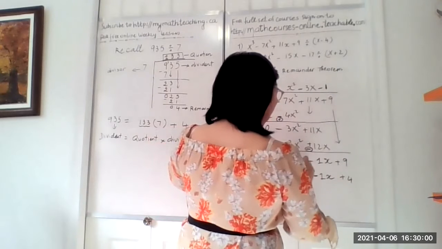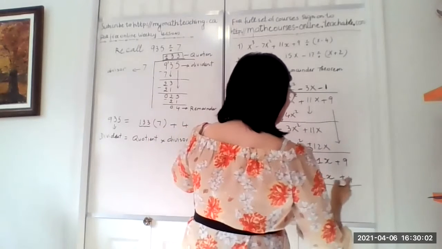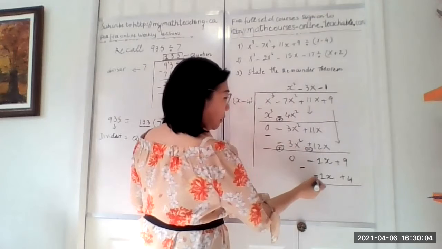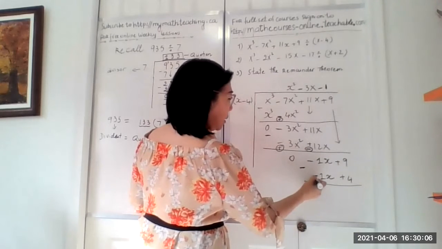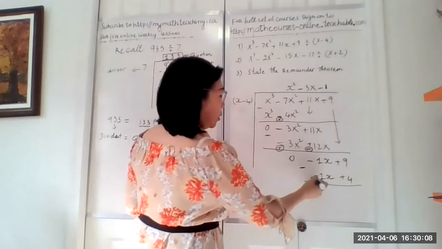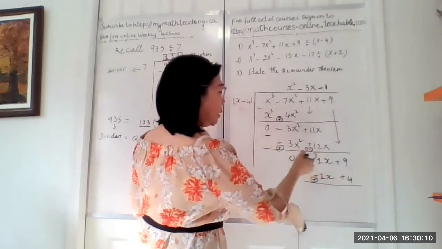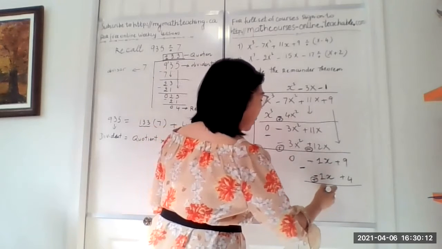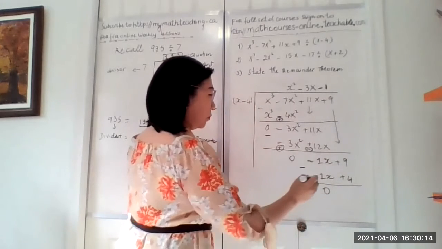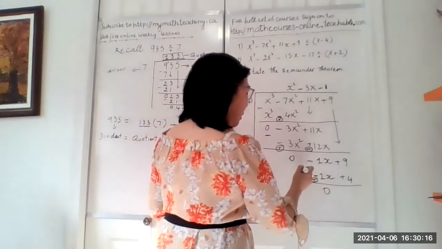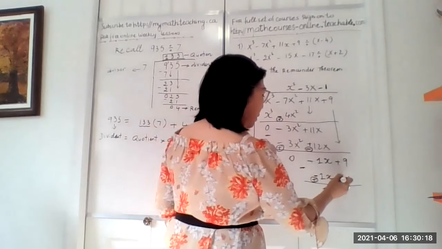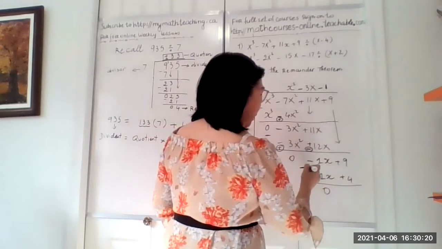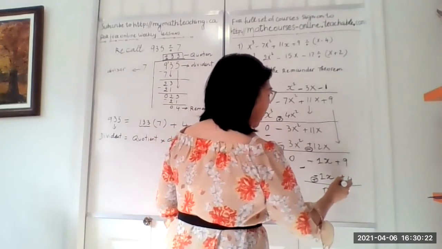And I'm going to subtract between them. So keep in mind this negative affects this negative and this number becomes a positive. So we have a positive 1x adding to negative 1x is gone. It becomes 0. Now this negative, we change the sign, negative times positive becomes negative.